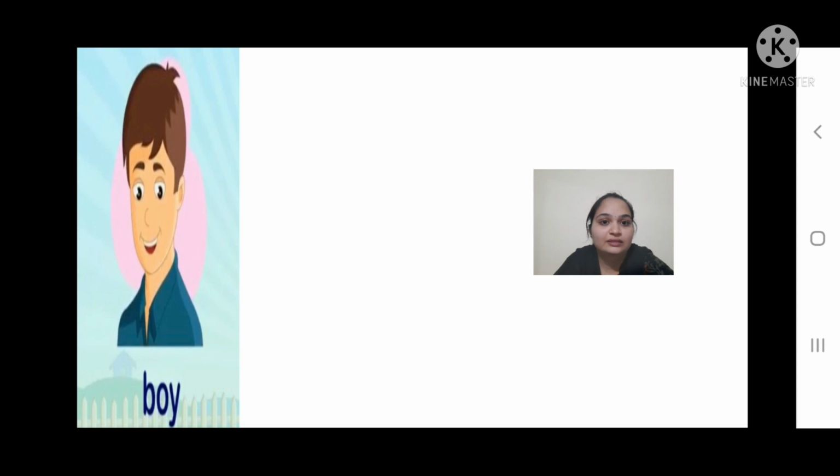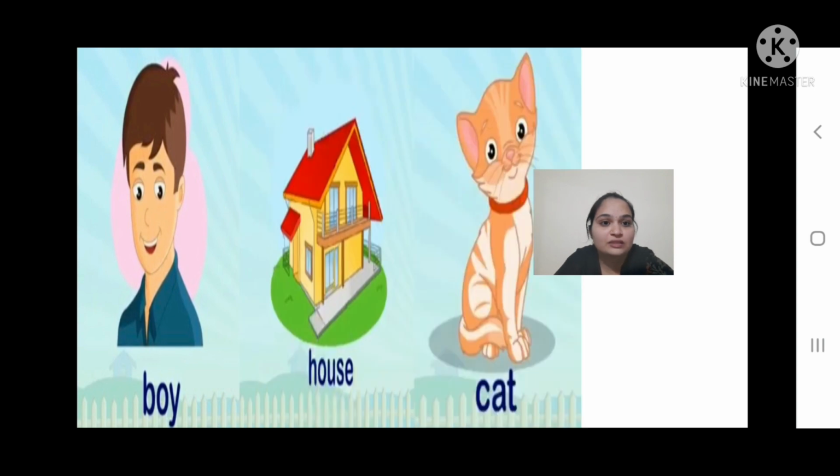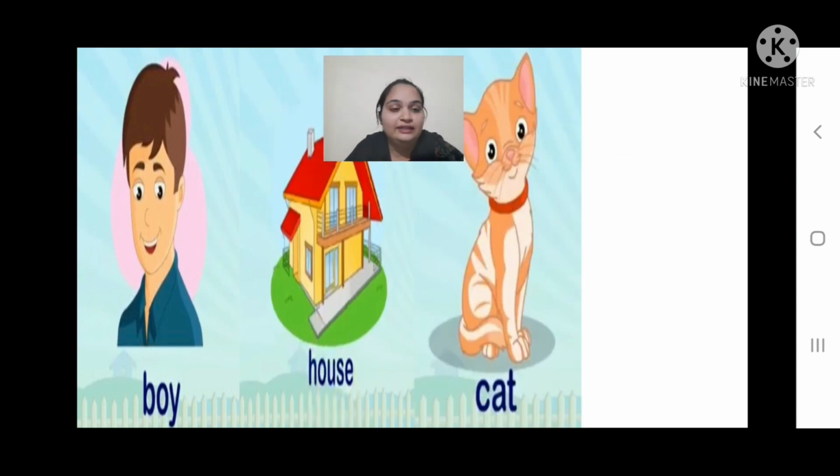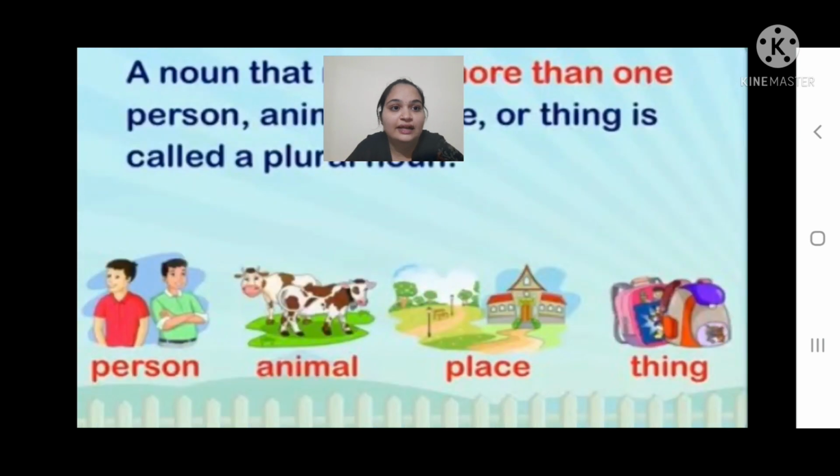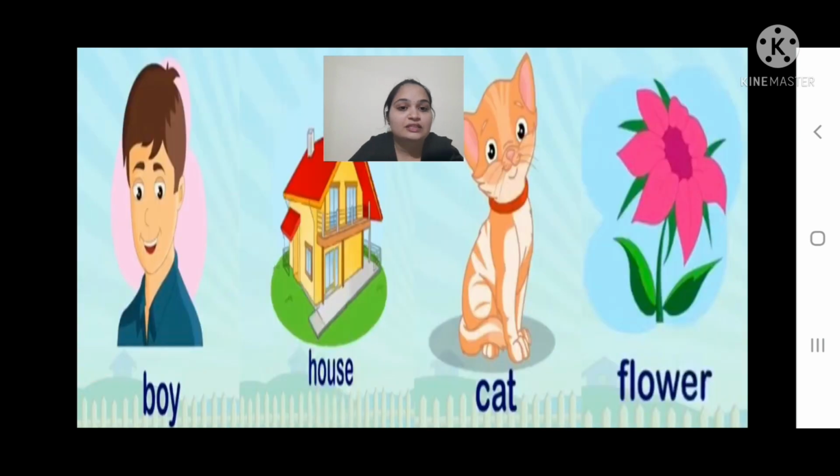Boy, house, cat, and flower. So these are all examples of person, place, animal, thing. They are all in singular form and hence they are called singular nouns.